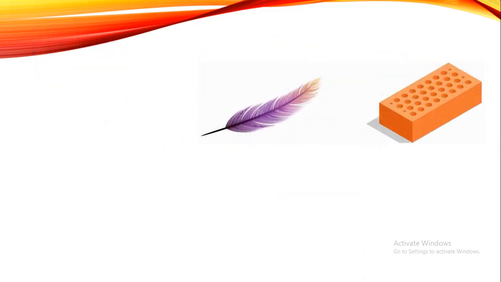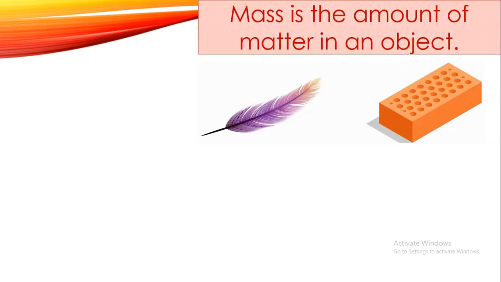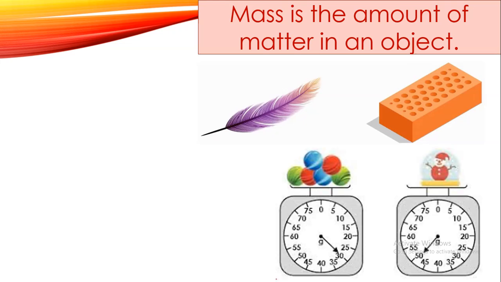Let's start with mass. What is mass? Mass is the amount of matter in an object. So if you look at this picture, we have a feather and we have a brick. Which one is heavier? Which one has the larger mass? How can you know?